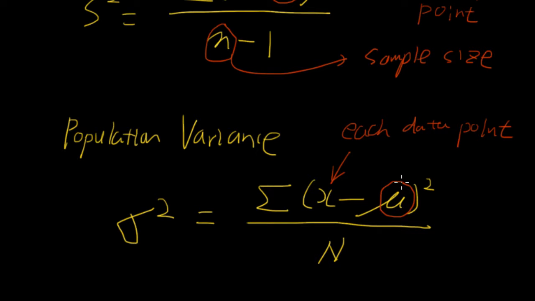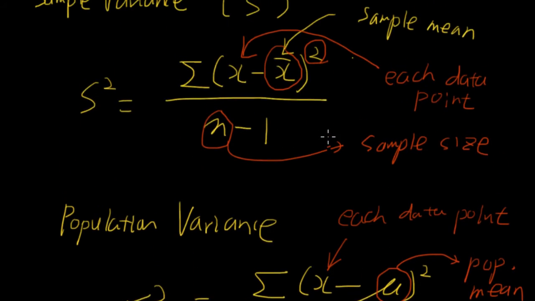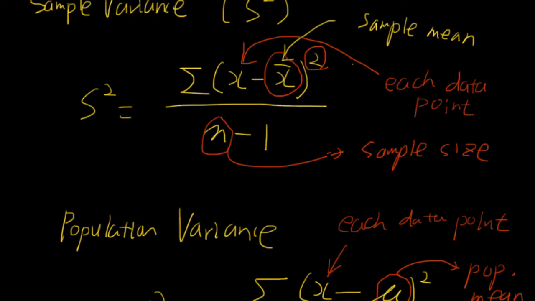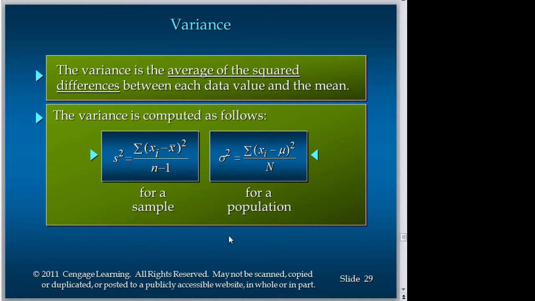This mu is the population mean, the symbol for population mean. And this uppercase N is the population size, right? If you compare these two formulas, they are very similar. One major difference is that in the sample case, you divide by n minus 1. For population, you divide by N. Besides that, the two are almost the same, right?